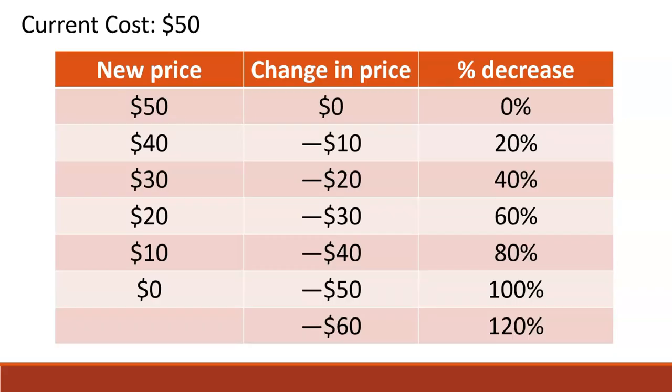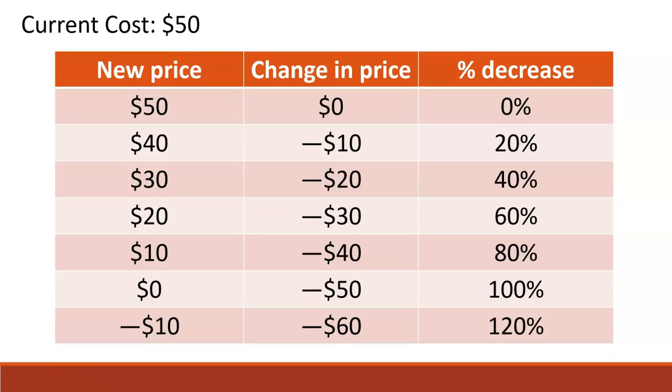So now let's look in the new price column and follow the patterns we see there. The new price starts out at 50, then 40, then 30, then 20, then 10, then 0, which means negative $10 would come next. So there we have it. 120% decrease in price means that they are now paying us $10 for this prescription.